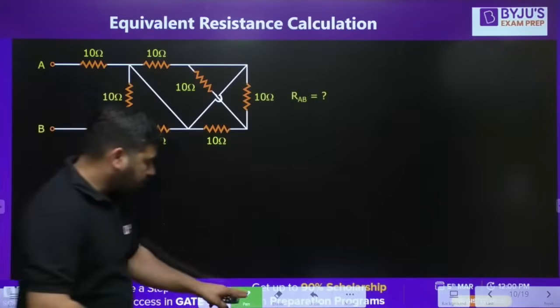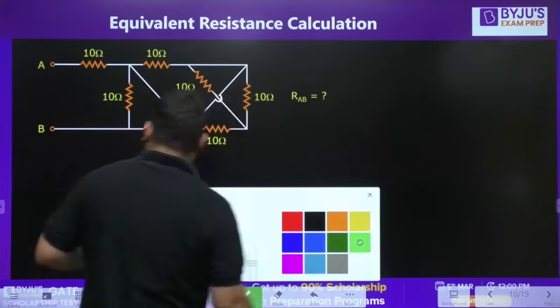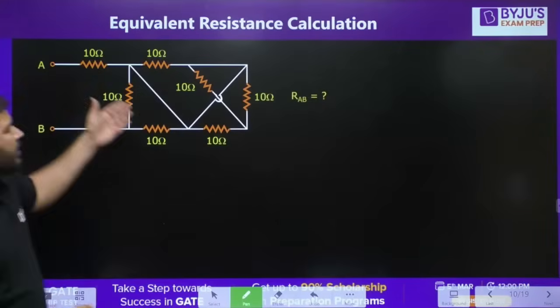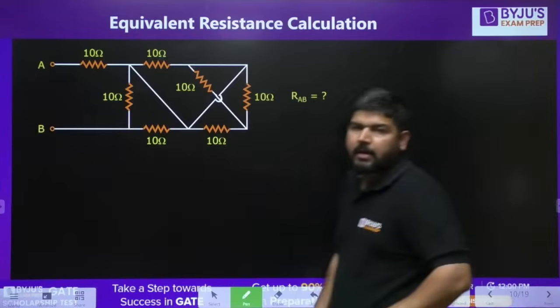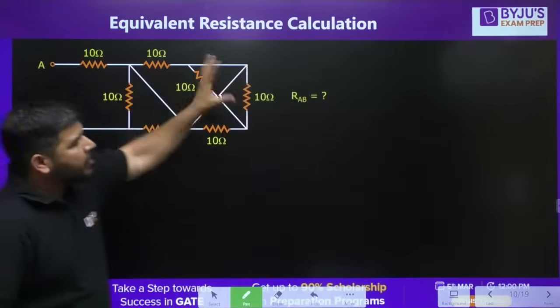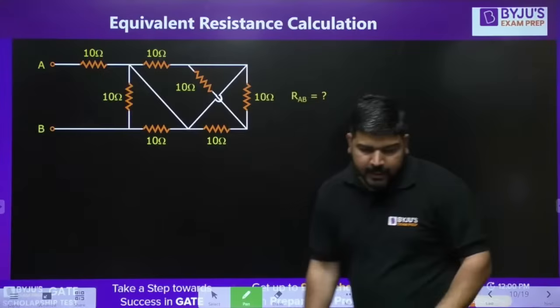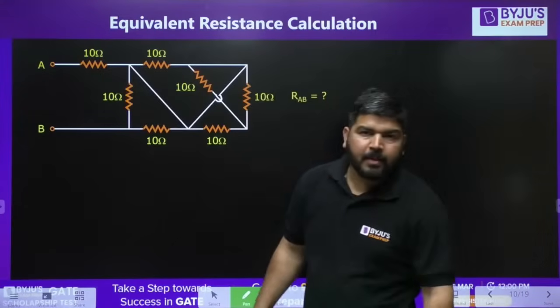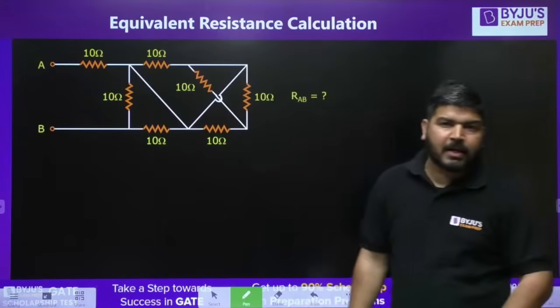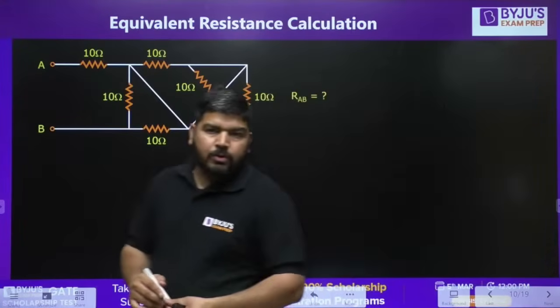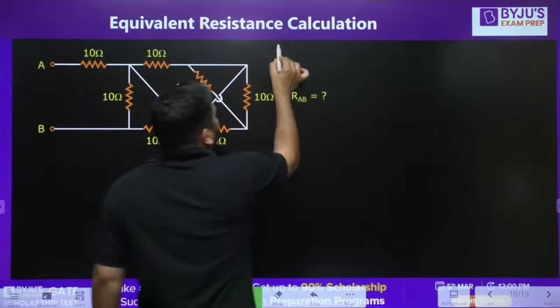Okay, so now we have this circuit. In this circuit, it's not easy to tell which two resistances are in series, which two are in parallel, because the circuit itself is very complicated. If you are not able to recognize them, then you can use one method we call the path method.